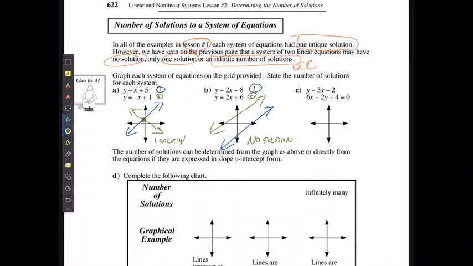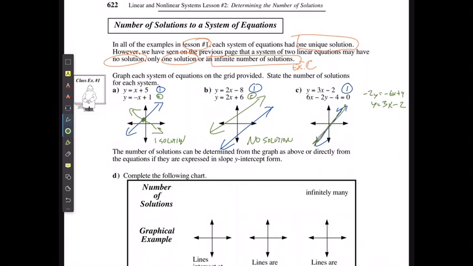In the last case, equation 1 is going to look like this. I should probably move that over just a little bit. That's all right. For equation 2, I need to isolate y, so I'm going to say that negative 2y is going to equal negative 6x plus 4, or that y is going to equal 3x minus 2.